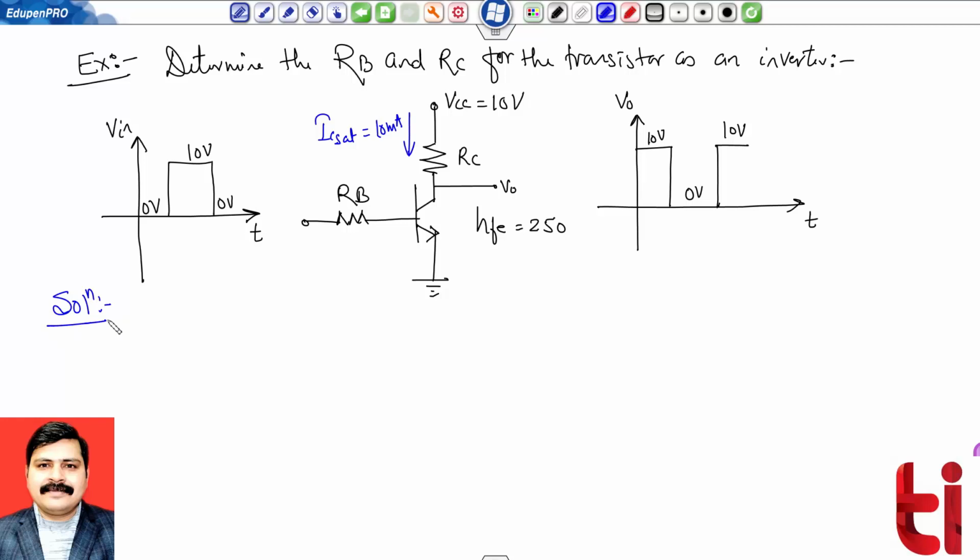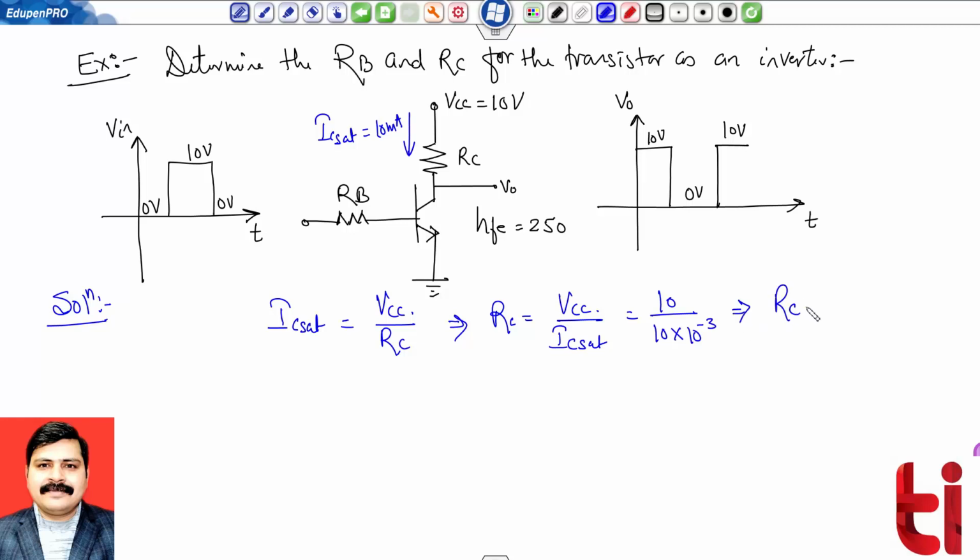So for the solution, you can check IC sat equals VCC divided by RC. Therefore, the value of RC will be equal to VCC divided by IC sat, and it is simply 10 divided by 10 into 10 raised to power minus 3. So from this, the value of RC will be equal to 1 kilo ohm.